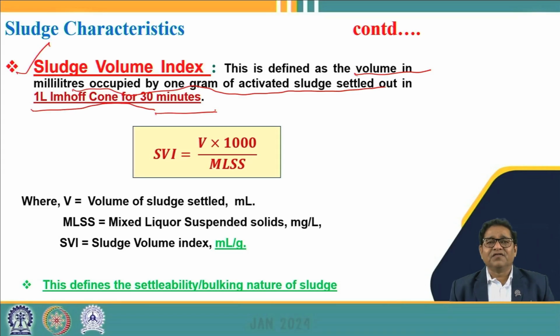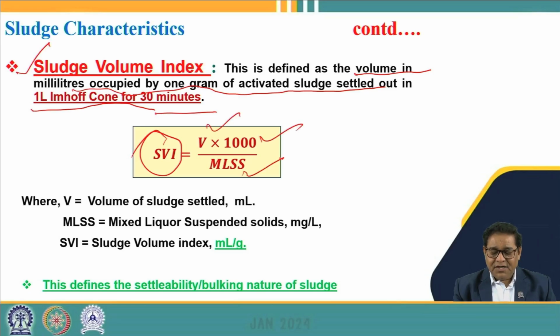This is the standard procedure we adopt to determine the SVI, and it is equal to V into 1000 divided by MLSS, where V is the volume of the sludge settled in the MF cone, MLSS is the mixed liquor suspended solids concentration in milligram per liter, and 1000 is the conversion factor to find the SVI in terms of ml per gram.